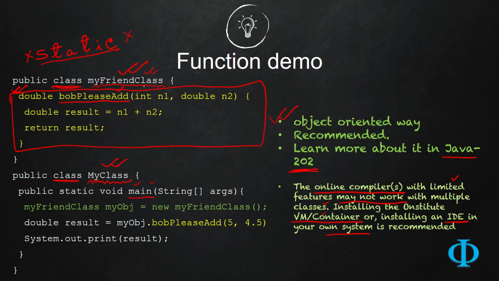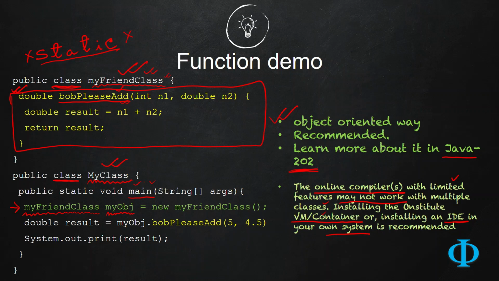The Bob please add function that we are going to use is defined inside this MyFriend class, so you have to create an object of MyFriend class. How to create that? You can follow this line of code.